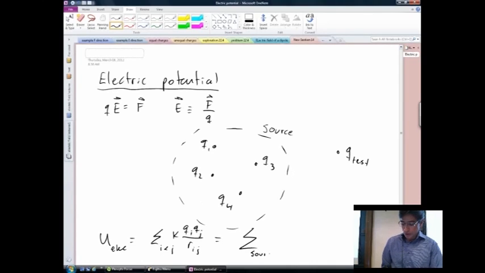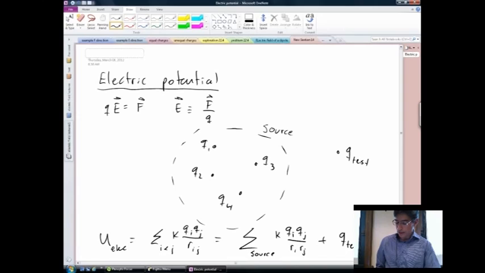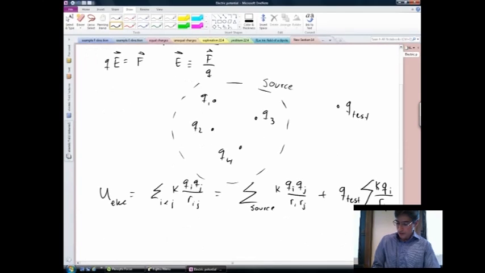The sum of the terms which is only over the sources, and then the terms that include the test charge that you bring into the problem. Those terms would have the form Q test times K Q sub i divided by the distance between Q sub i and the test particle, and you're summing over all of the charges that you call the source charges.